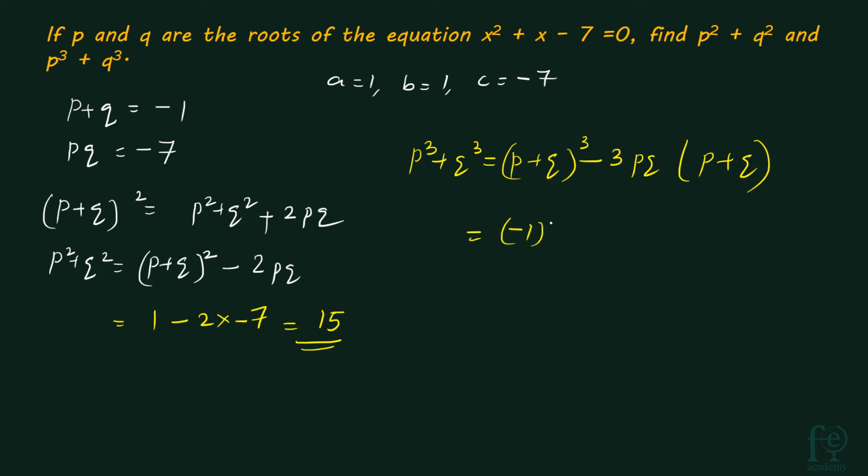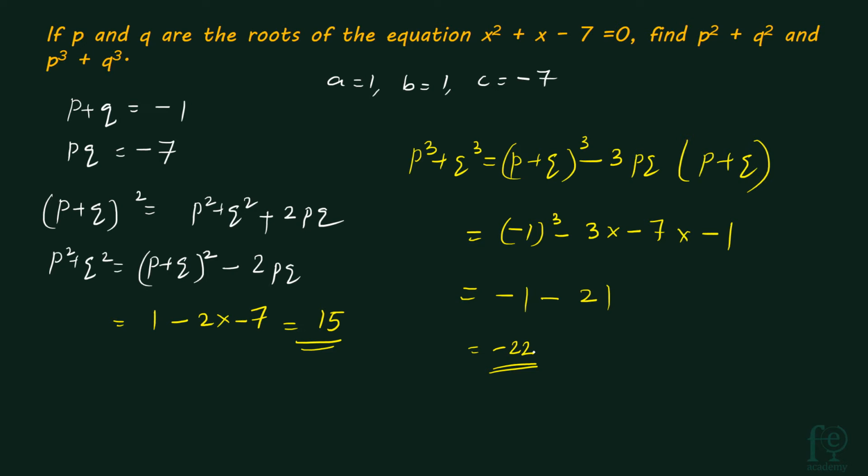Minus 1 the whole cube minus 3 into minus 7 into minus 1. So what you will be getting? Minus 1, plus will come. 7 into 3 is 21. So it will be equal to minus 22. So these kind of questions can also come. Find p square plus q square, p cube plus q cube.